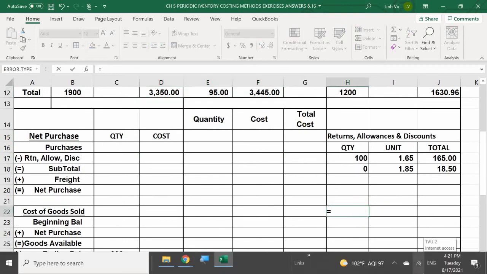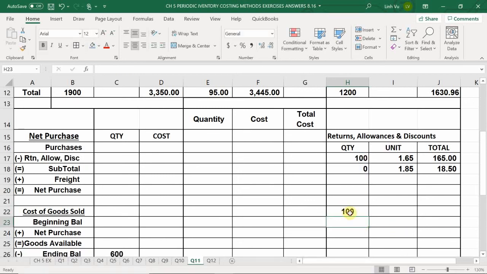Okay, so in this case, how many items did I return in grand total? 100. Okay, at what total cost? What was my total refund amount? 183.50. Good.